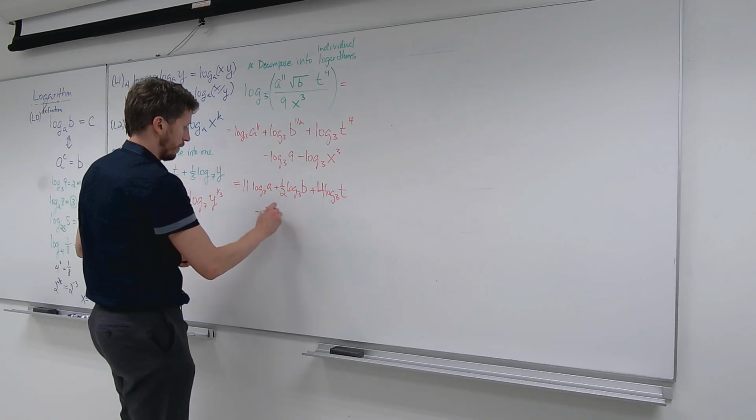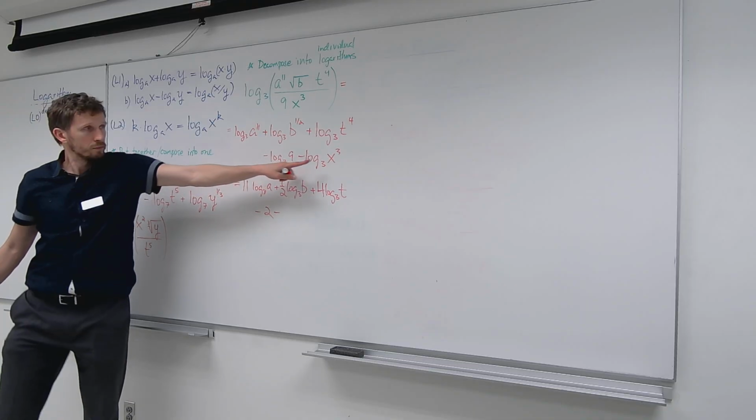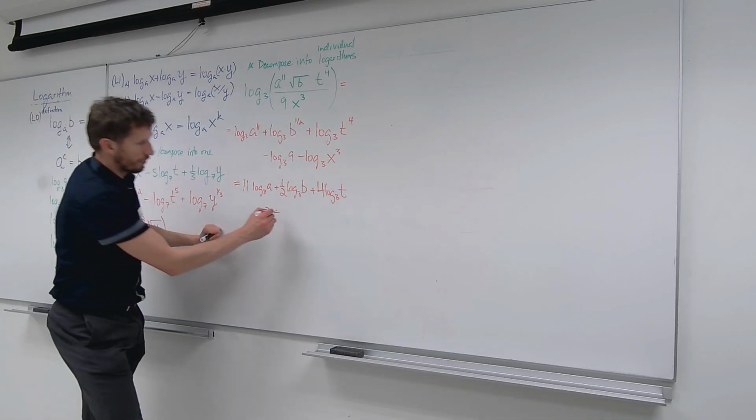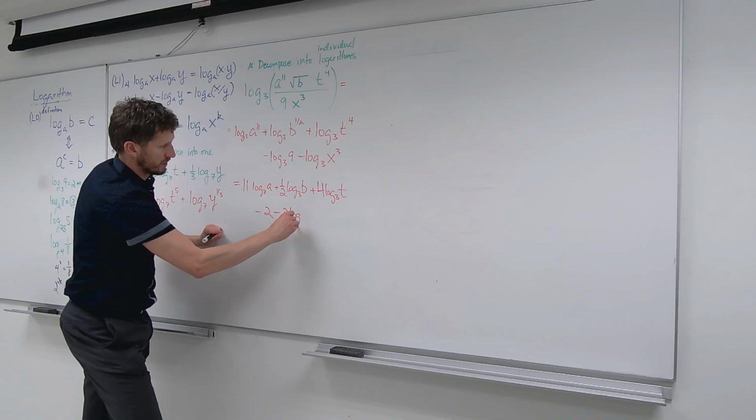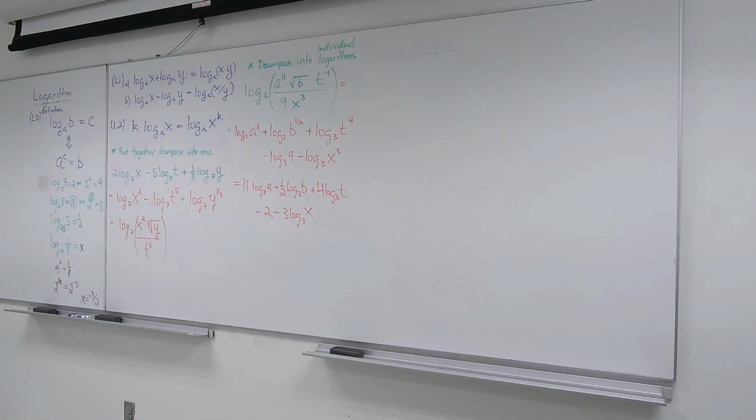Minus 3 log base 3 of x. That's how you do that. You see that? It's 11 log base 3 of a plus 1/2 log base 3 of b plus 4 log base 3 of t minus 2 and minus 3 log base 3 of x.